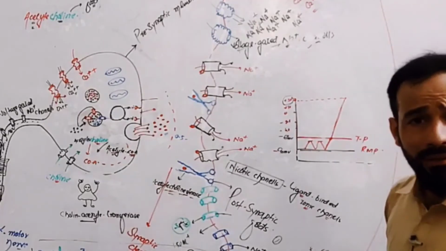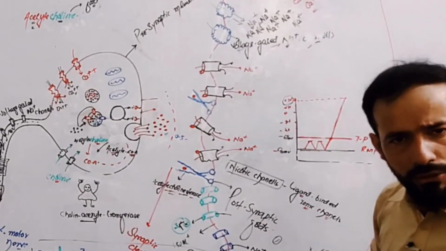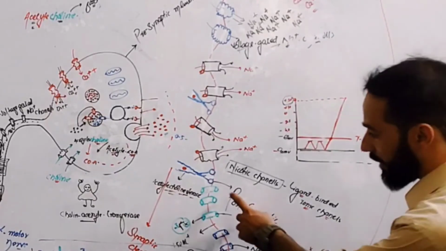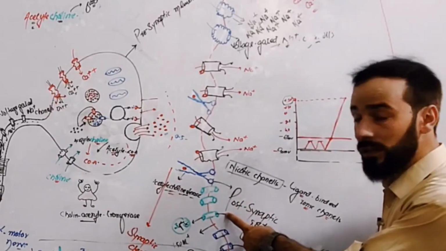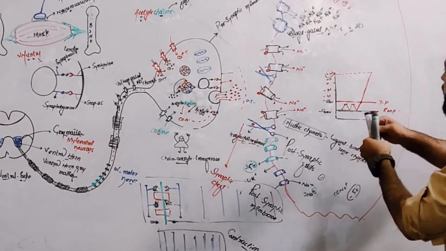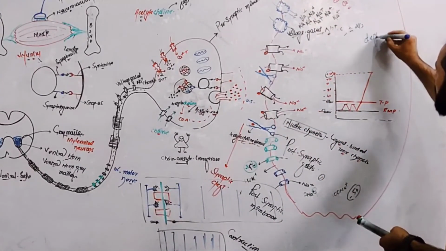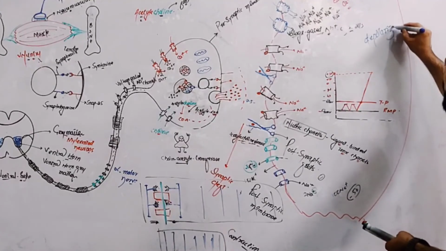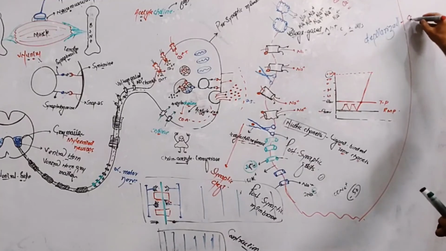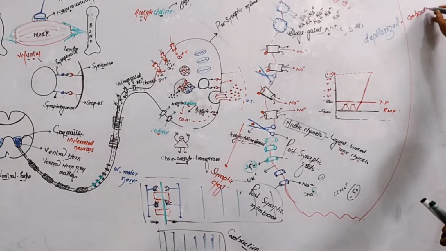Again, what will happen to the relaxation of the muscle? What will we do with that? It's quite easy. There we have potassium channels, right? When sodium comes, calcium comes, the cell is depolarized. Depolarized, and this depolarized means the cell is contracted. Contraction, right?